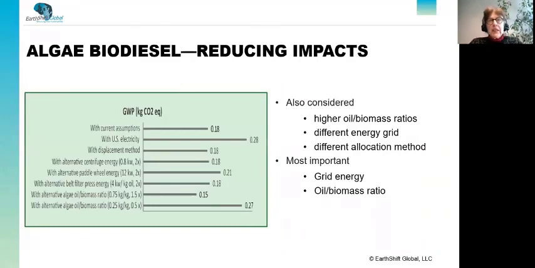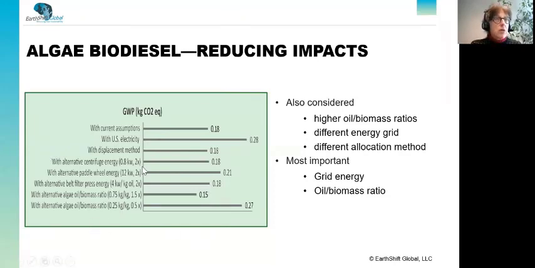The other thing we considered was algae with a higher oil to biomass ratio. The algae that we were studying for dietary supplements wasn't an algae that was chosen, or certainly not modified, for having a high oil to biomass ratio. So we looked at what that would do. We looked at a different energy grid and different allocation methods, and we found that the grid energy and the oil to biomass ratio were making the biggest difference in the global warming potential.